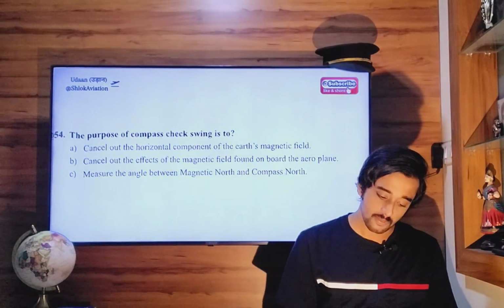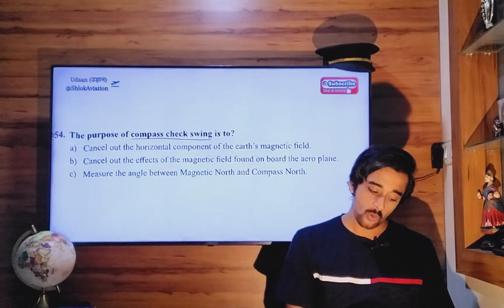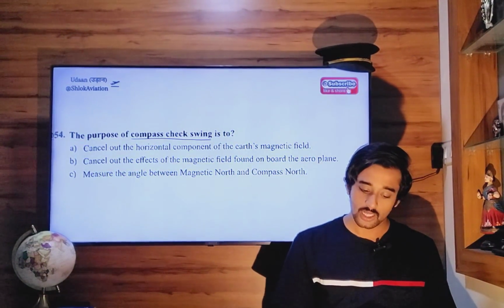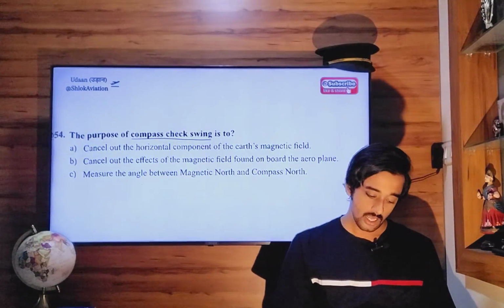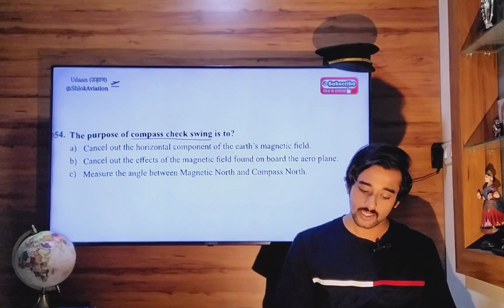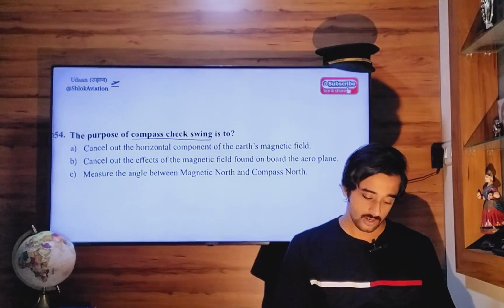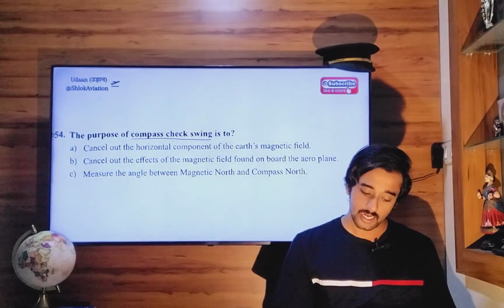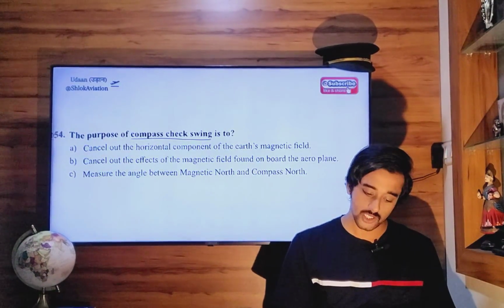The purpose of compass check swing is to do what? Cancel out horizontal component of the Earth magnetic field, cancel out the effects of magnetism on board of your aircraft, measure the angle between magnetic north and compass north.